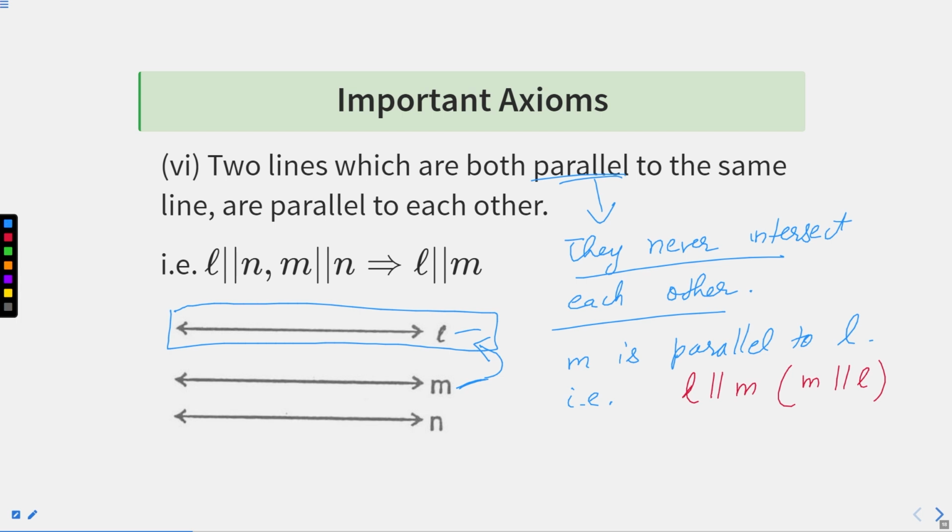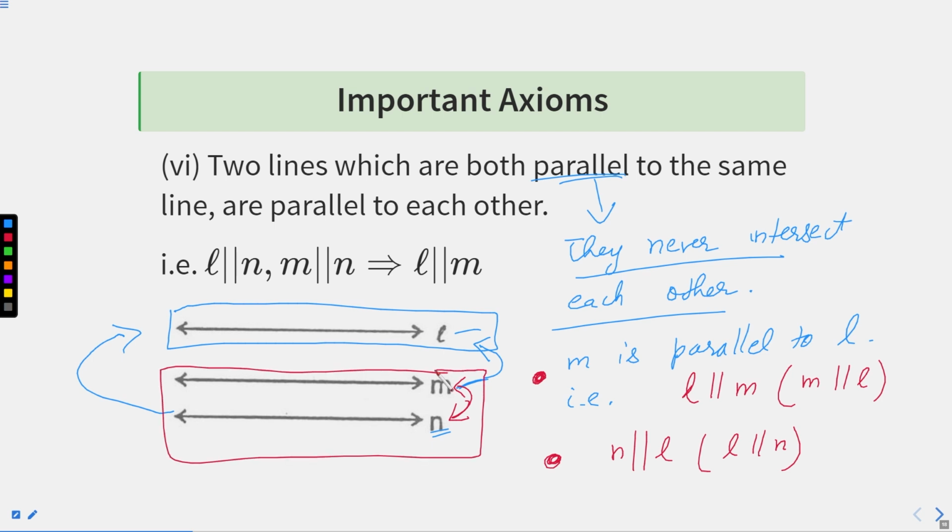And another thing, the third line N is also parallel to L. That is, one thing is given, another thing is also given to us, which is N is also parallel to L, or we say L is parallel to N. Then in this case we can easily say that M and N, these two lines, are parallel to each other.